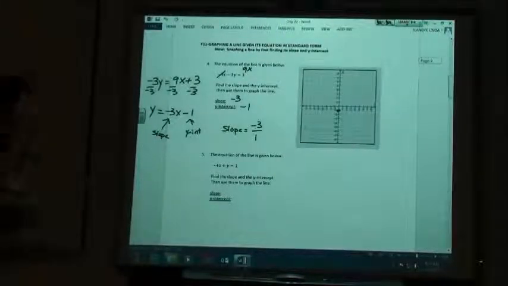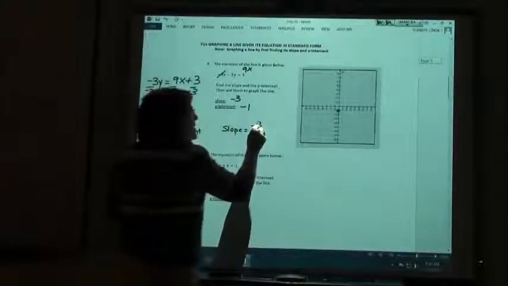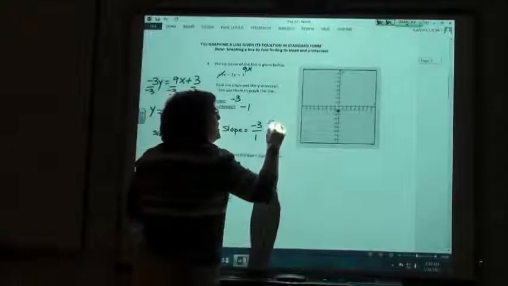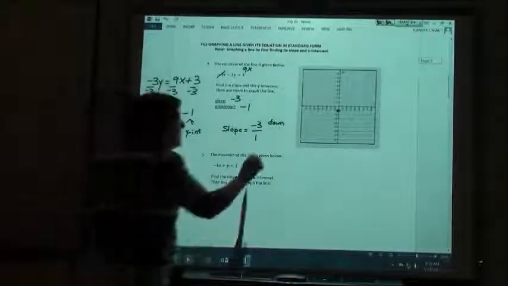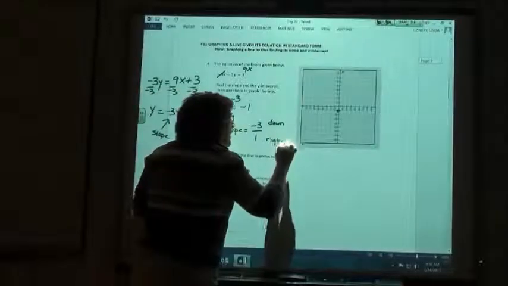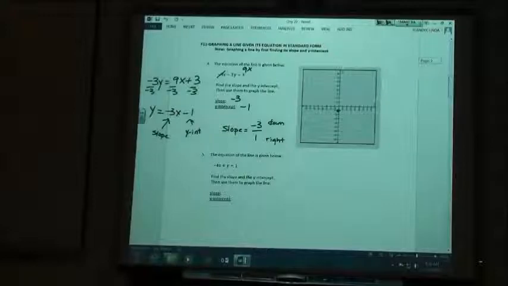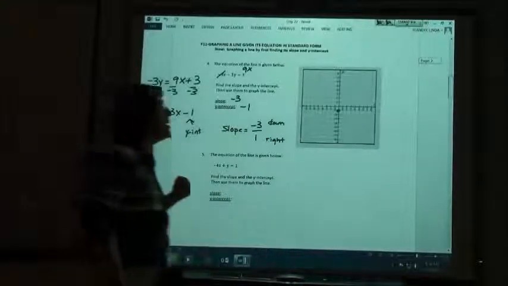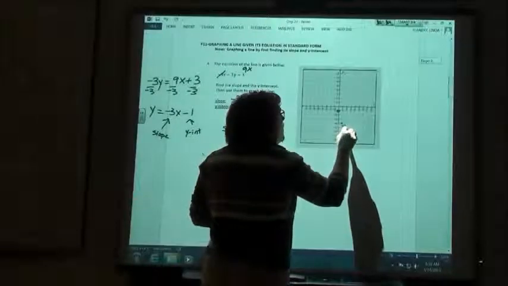Then we're going to do our counting like you were doing on those other ones where you were finding the slope. The top number tells me in this case I'm going to go down because it's negative, and then the bottom number I'm going to go to the right. So from that dot I just made, I'm going to count down 3 and to the right 1. 1, 2, 3, down and over 1.